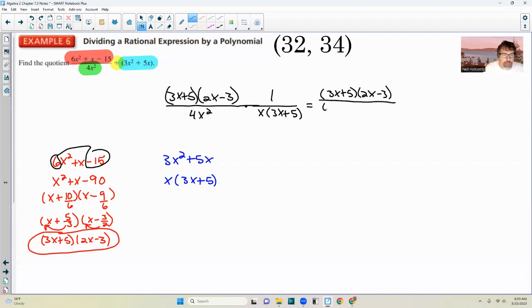I'm going to write the 3x plus 5 first, so they line up. 3x plus 5. I also have a 4x squared and an x. Okay, so I can write it like that. Okay, so the 3x plus 5s cancel, leaving me with 2x minus 3 over 4x cubed.